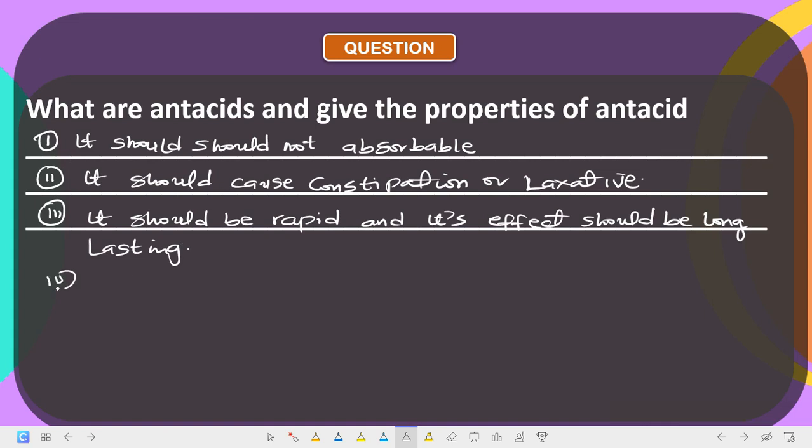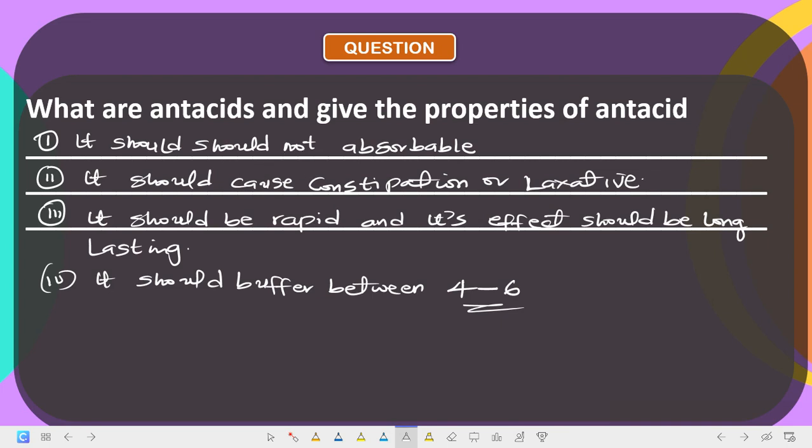Then another one is that it should buffer between 4 and 8, I think. Not 4 and 8, but 4 and 6. It should buffer between 4 and 6.